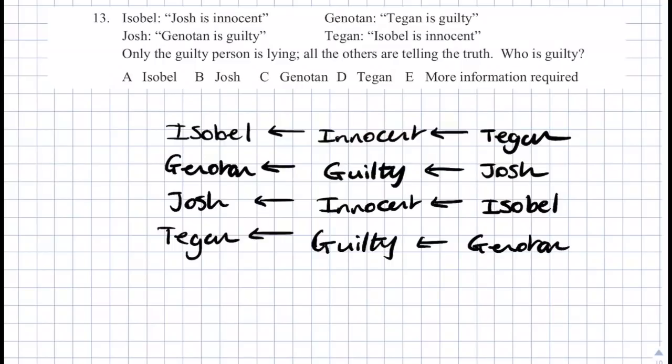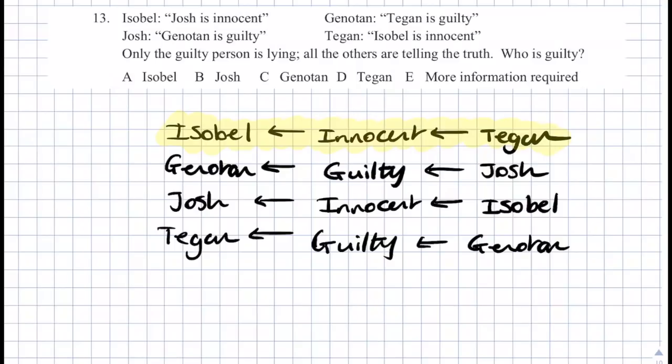So, let's think about Isabel. Now, no one has said that she's guilty, and Tegan has said that she's innocent. So therefore, let's make the assumption that Isabel is innocent and she is telling the truth, on the basis that no one has said that she's guilty. I mean, Tegan could be lying, and we may find out that she is guilty, but let's just make the assumption that Isabel is innocent.